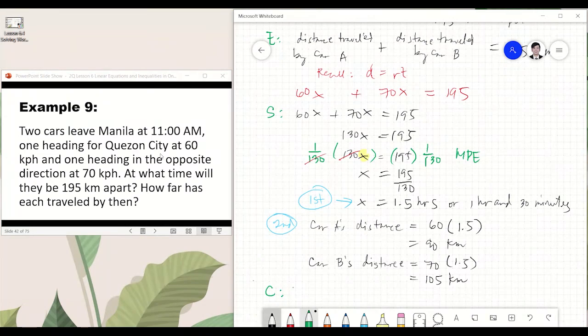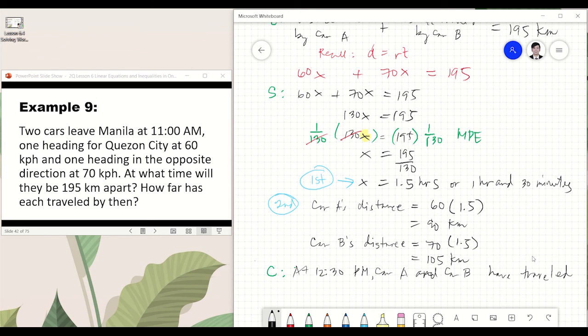So, at 12:30 p.m., car A and car B have traveled 90 kilometers and 105 kilometers respectively.